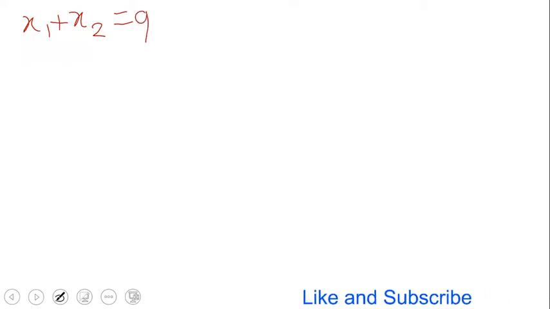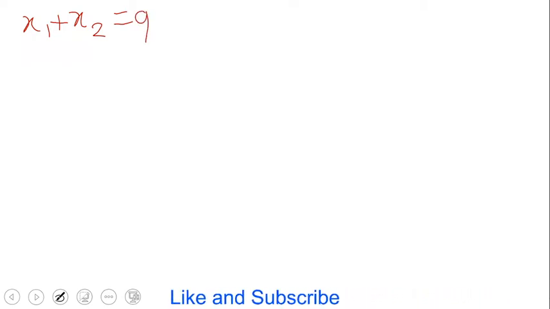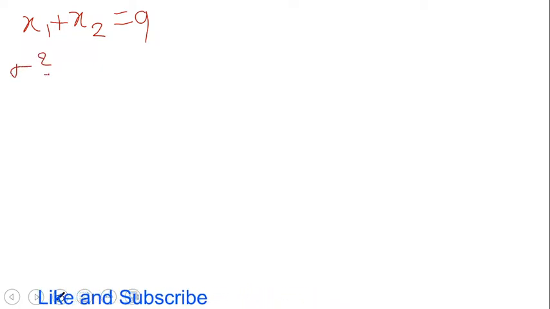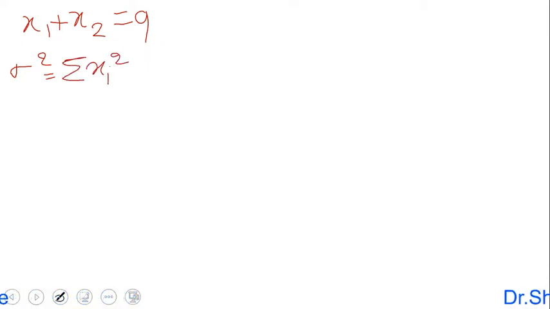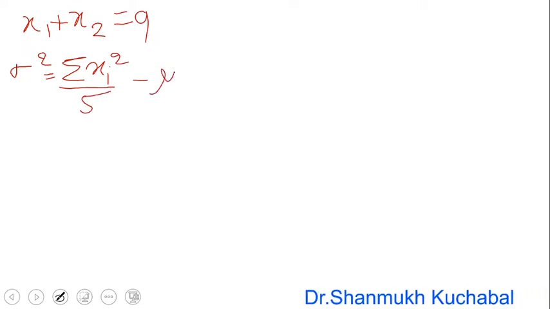Further, the variance formula: variance, denoted by sigma square, equals the summation of xi square divided by n, so divided by 5, minus mu square.